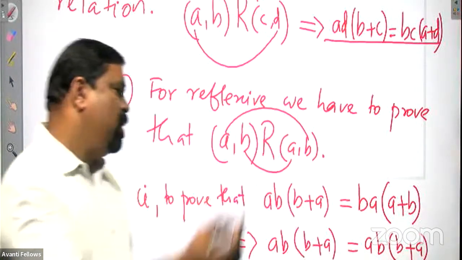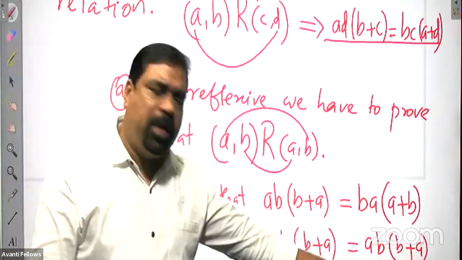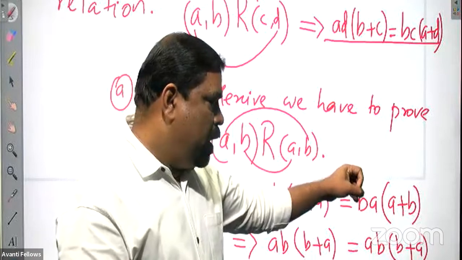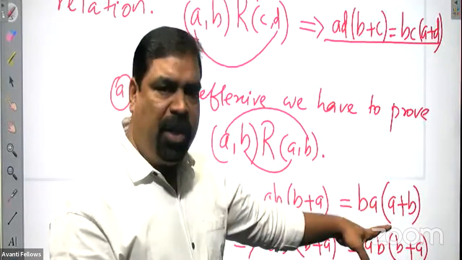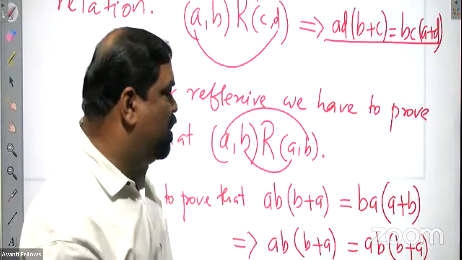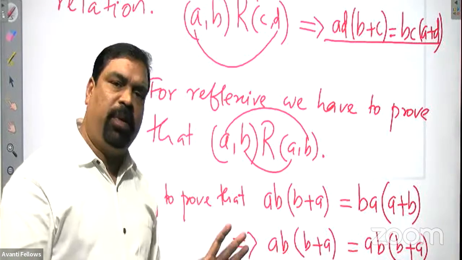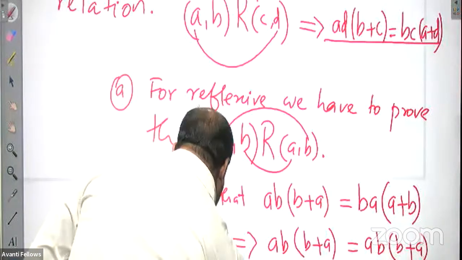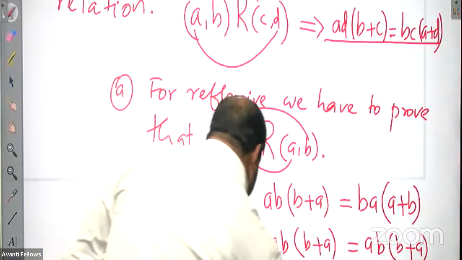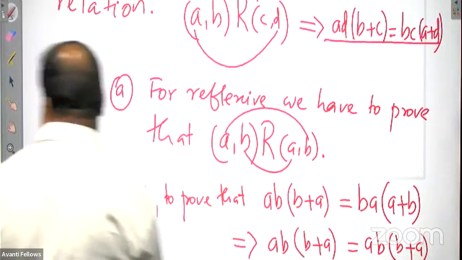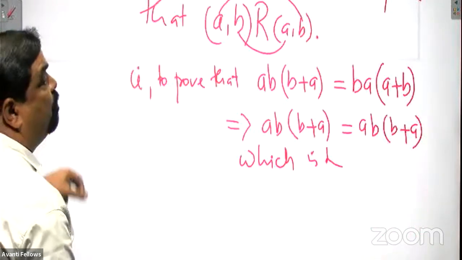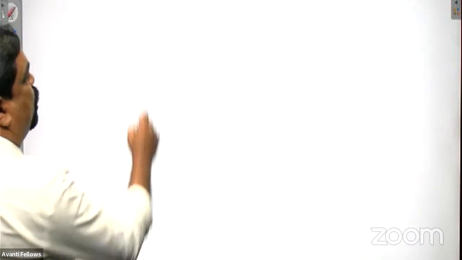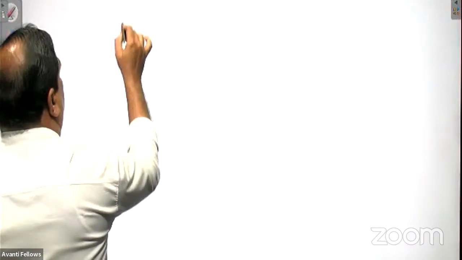Otherwise, simply we can say this is always true because addition and multiplication are commutative in natural numbers. So it is always true, which means this relation is reflexive. Reflexive over. Now let us go to the second, symmetric.